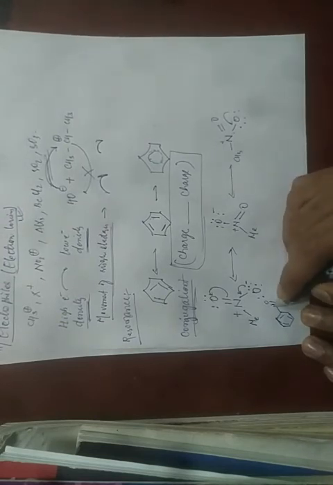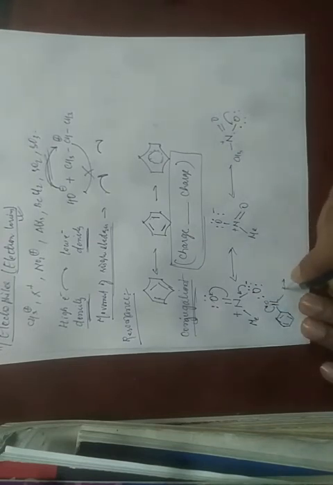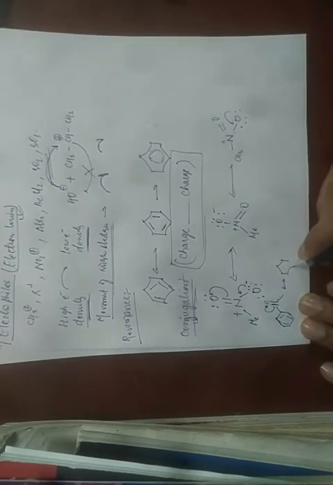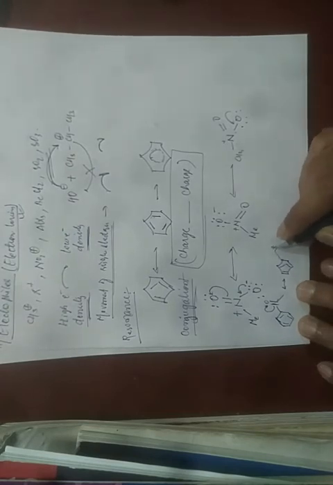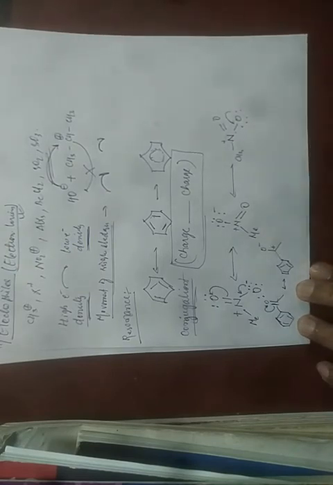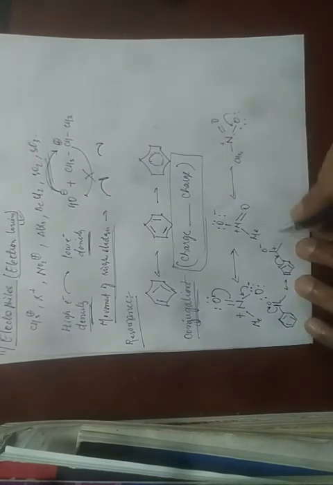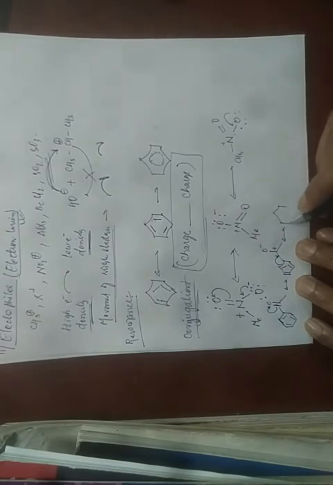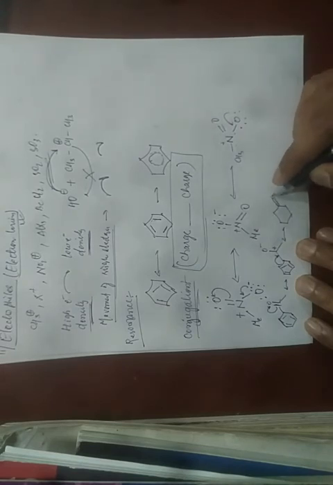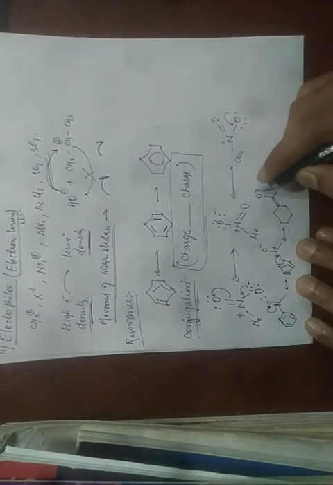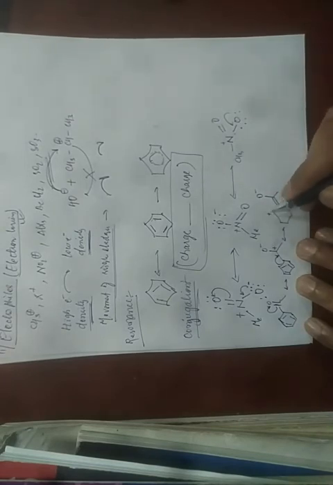First of all, this pi bond will jump here in the first case. So it will become like this. Here it is a positive charge and here it is oxygen. Now next, this double bond will jump here. In the next case it will form like this: double bond, here oxygen, negative charge, and this will become plus.